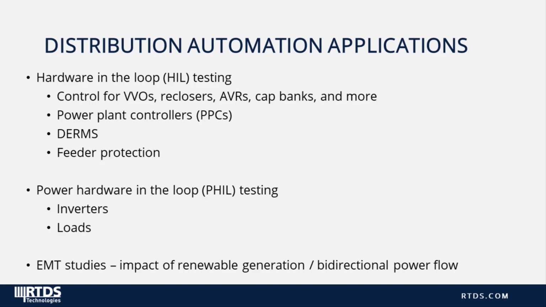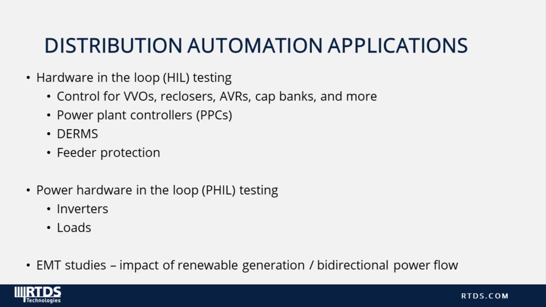The list goes on. There's also the testing of power plant controllers, or PPCs, by which I mean higher level power controllers for solar PV systems or other distributed generation systems. And that testing could be from a manufacturer's acceptance testing perspective or from a network operator's integration testing perspective, or a combination of the two.